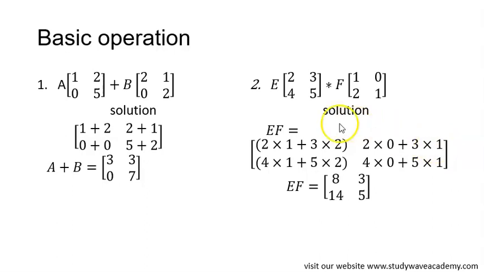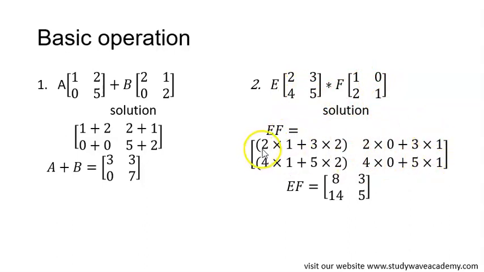We are done doing that. We go over to the second row in E to multiply the first column in F, okay? 4 times 1, you write it out. 5 times 2, you write it out, okay? We are done multiplying the first column, now the next column. 4 times 0, you write it out, and 5 times 1, you write it out.